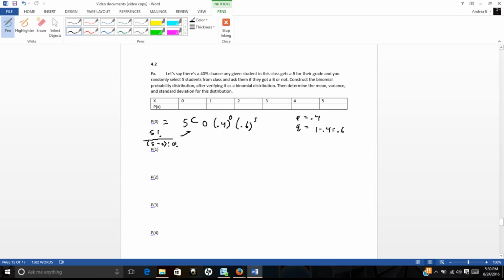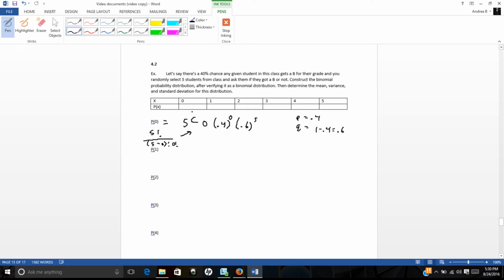Let's remember how you denote this. Remember, it's n is the first number, which goes on the top with the factorial, and then x goes in the bottom with 5 minus the x, which is 0, times x factorial, which is 0 in this case. Or sometimes it's called nCr, is what we used before for this notation.